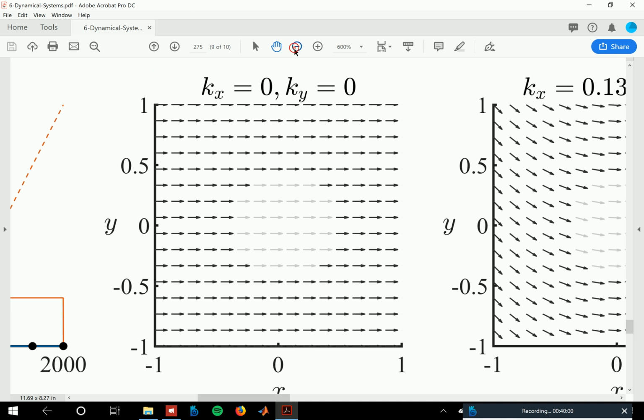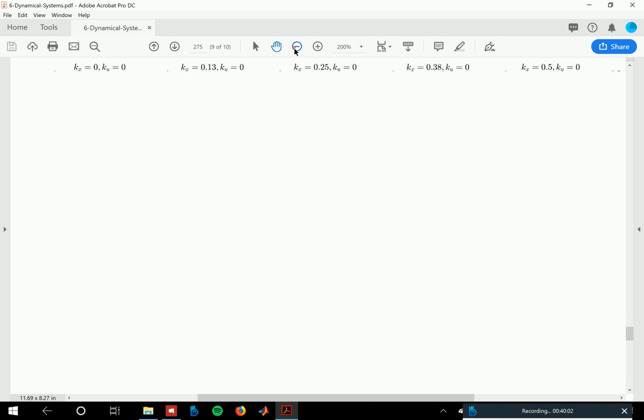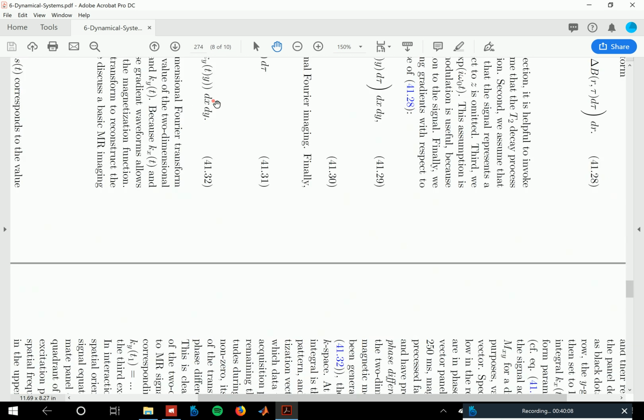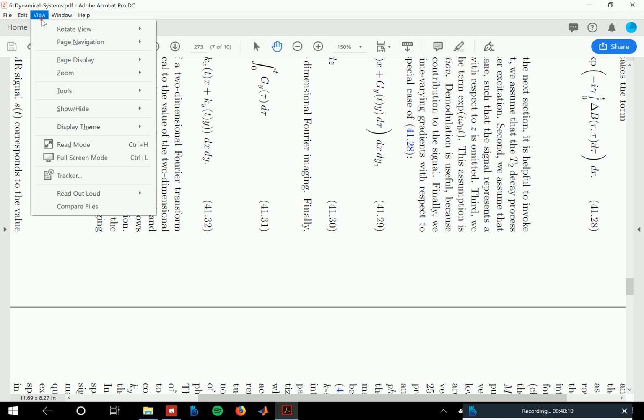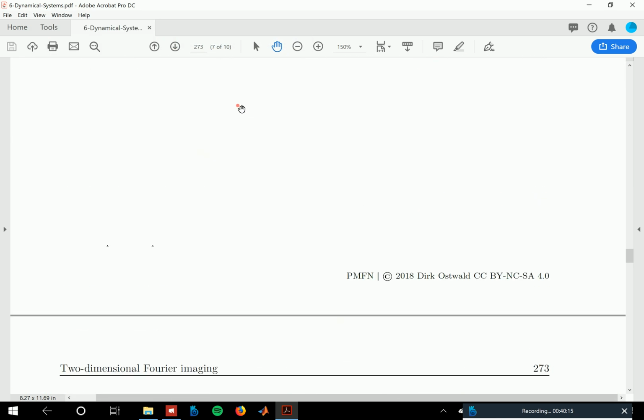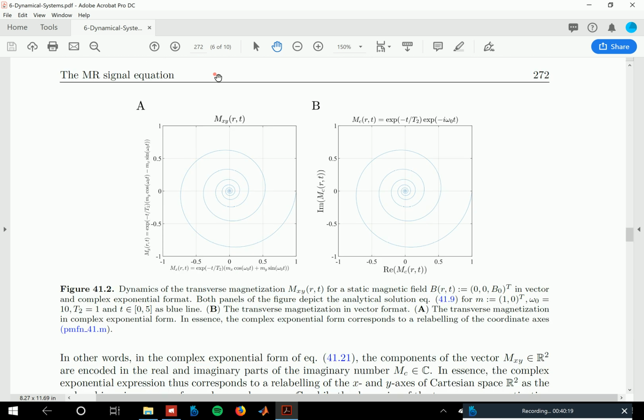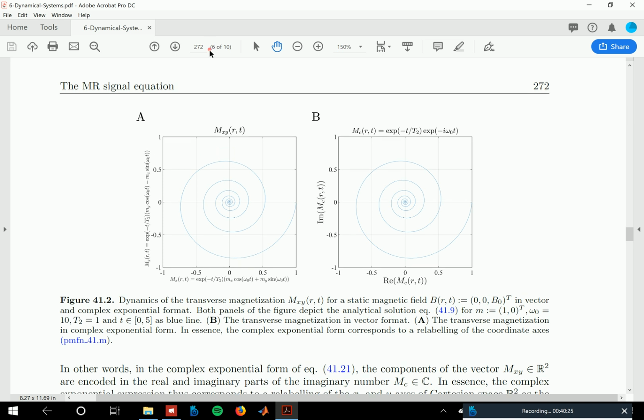I'm not quite sure which one. This here? No, two pages after that.